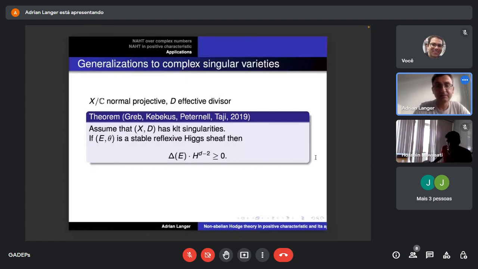Actually, this is how the authors formulated the result, but I have no idea why this is formulated this way, because this D doesn't play any role.